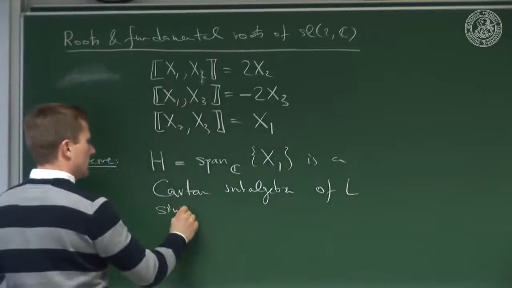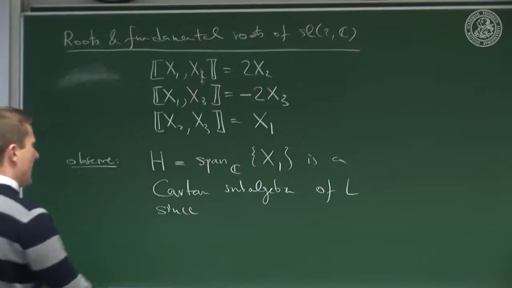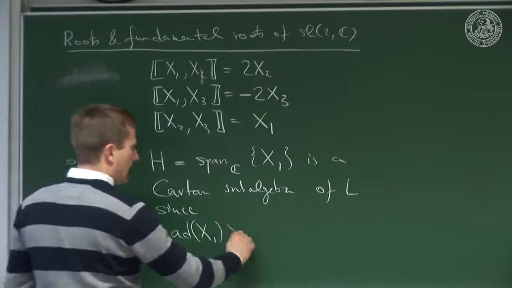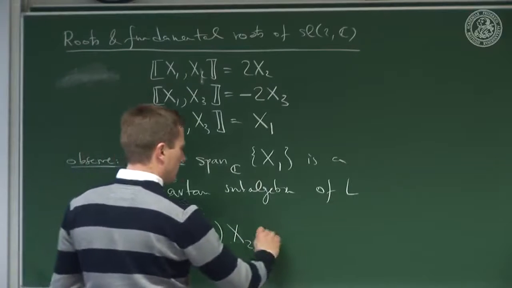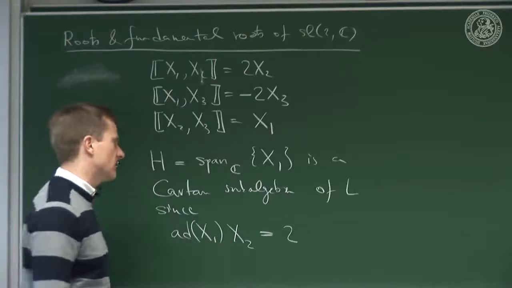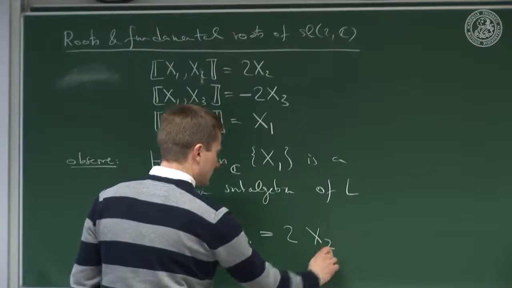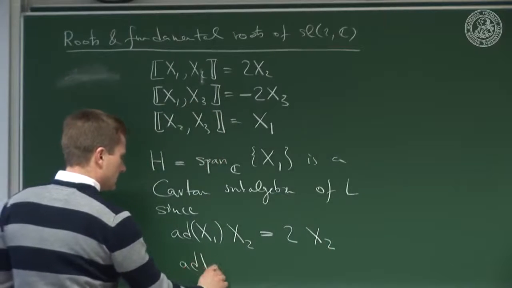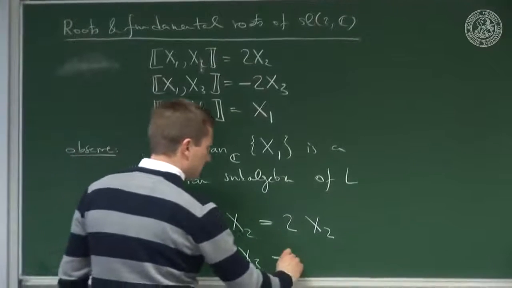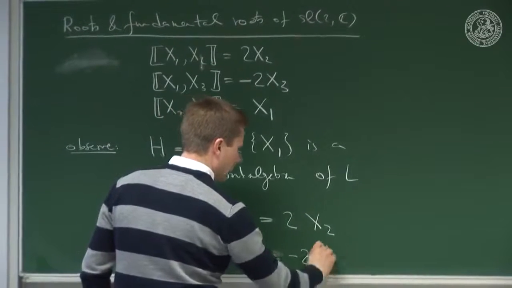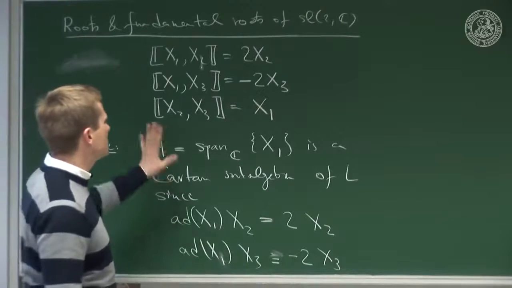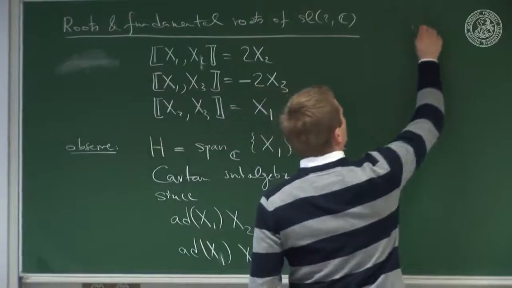Why is that? Well, the adjoint of x1 acting on x2 is, by the definition of the adjoint being just the bracket between x1 and x2, 2x2, and the adjoint of x1 on x3 is minus 2x3. And so we see we have a decomposition of the basis.